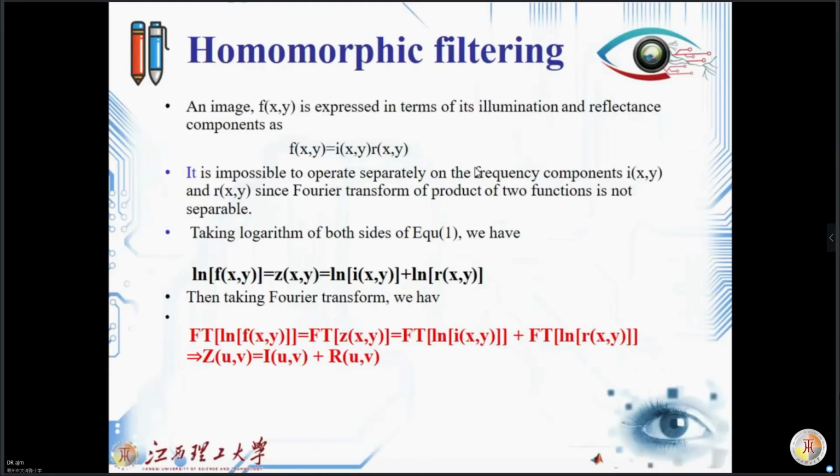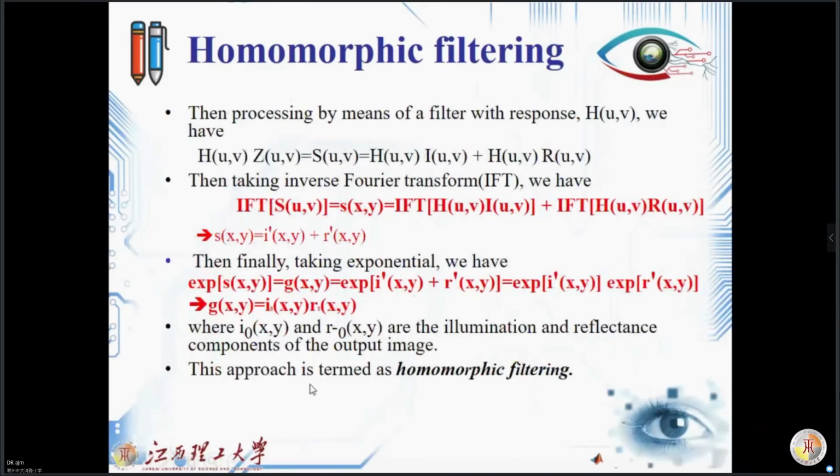Here the frequency part comes into the picture, and the Fourier transform will do the best job. It means that we can take the ln of both parts of the formula, ln of illumination as well as the reflectance part. Then we can take the Fourier transform, the FT of them, and based on that we can do this type of filtering and separate them.